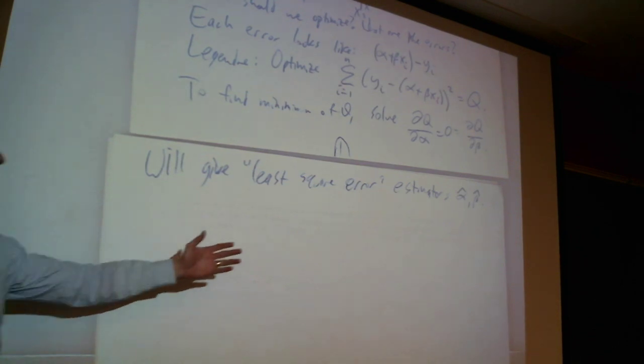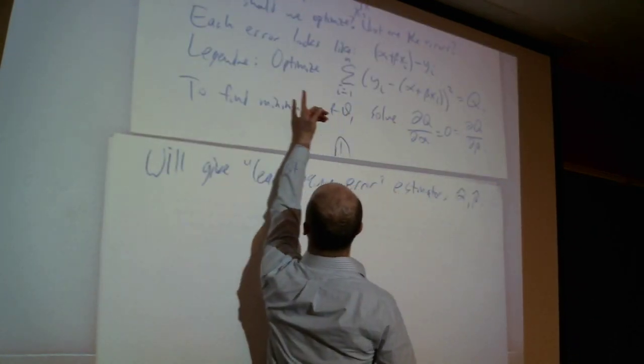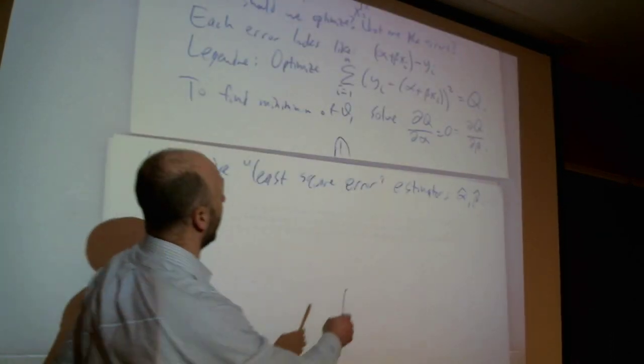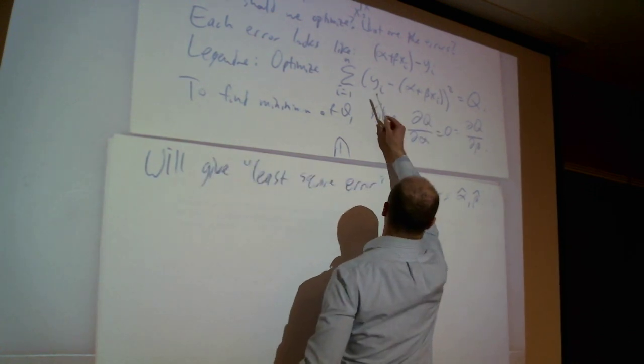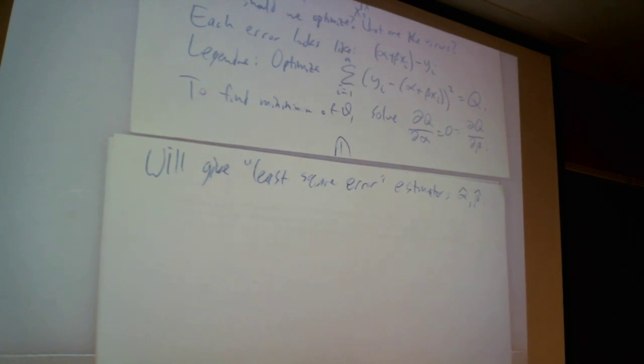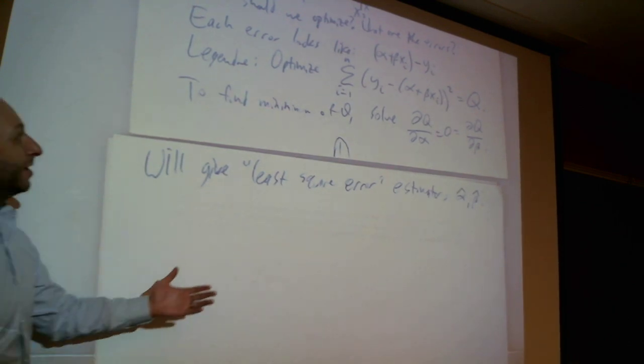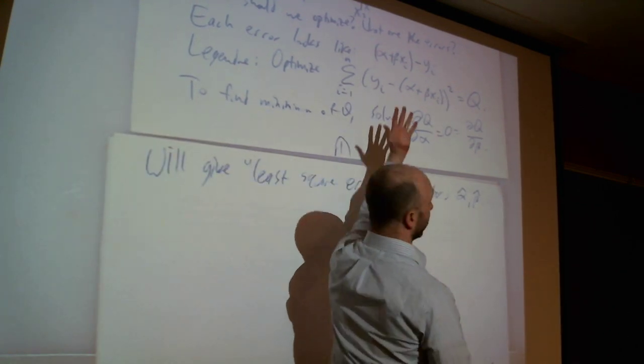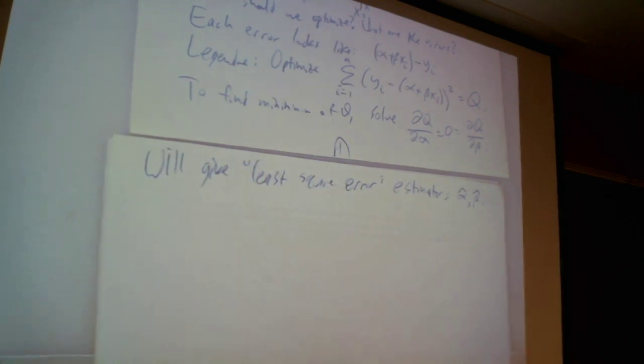Alpha hat and beta hat will be functions of the observations, the xi and the yi. We observed xi, yi. This is the best value of alpha and beta you should take given the outcome of the observation if you think that the relationship is linear. If the regression is linear. Does that make sense?